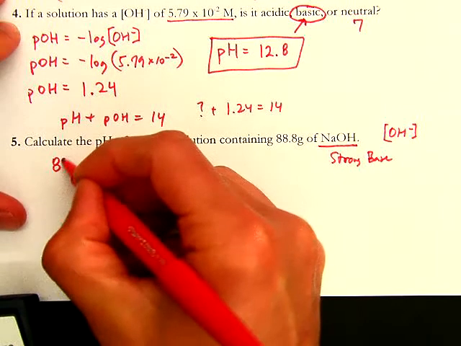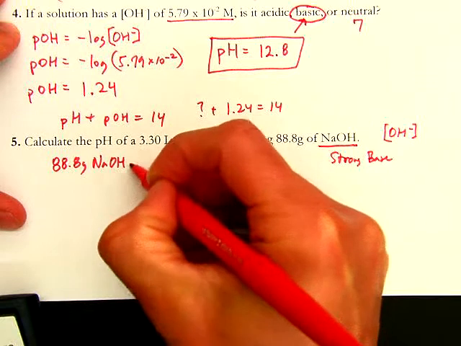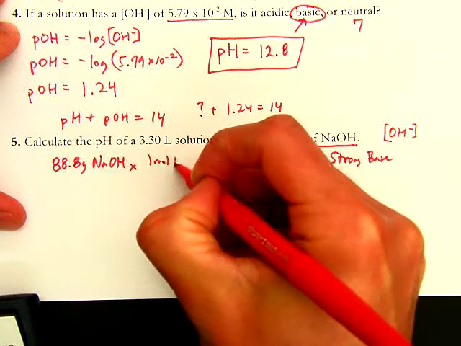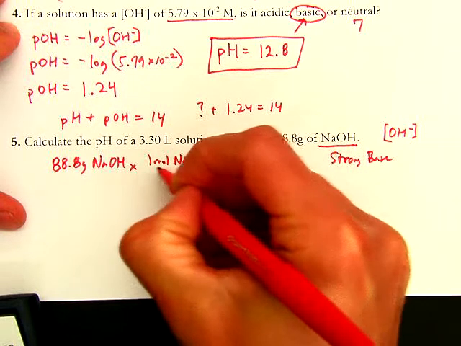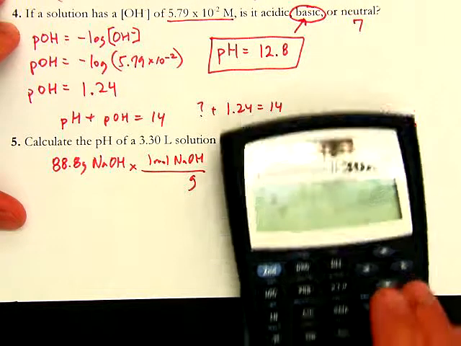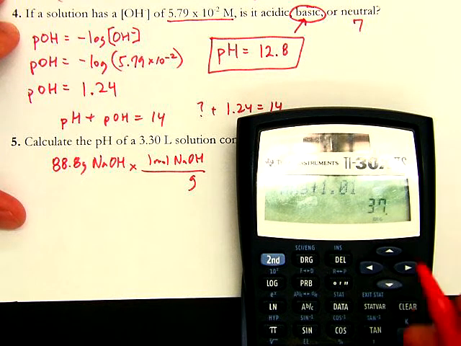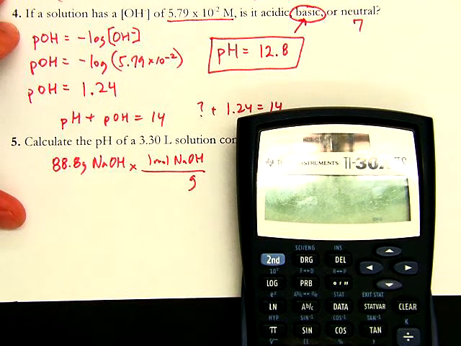So 88.8 grams of NaOH is how many moles? 1 mole of NaOH is some number of grams. Sodium is 22.99, oxygen is 16, and hydrogen is 1.01. So 16 plus 22.99 plus 1.01, we should get 40.